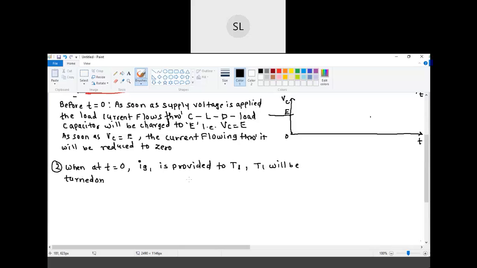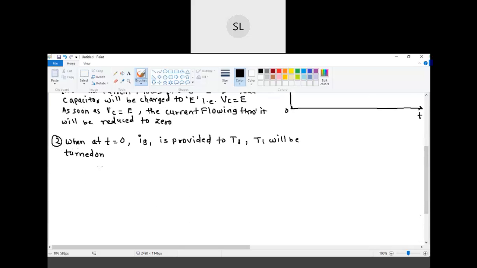So once it turns on, the load current will start flowing through it, isn't it? So it will act as a short circuit simply. So this is T1. It will act as a short circuit. This capacitor has got the charge equal to supply voltage E. So this is load. Here there will be Ta, which is open circuit.